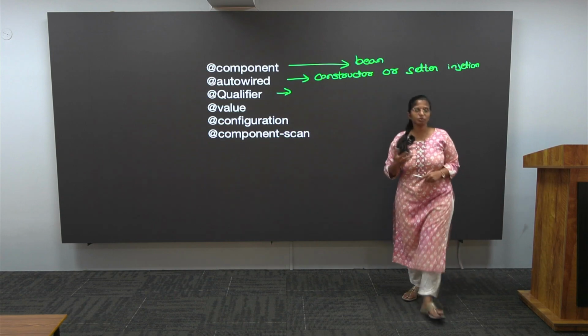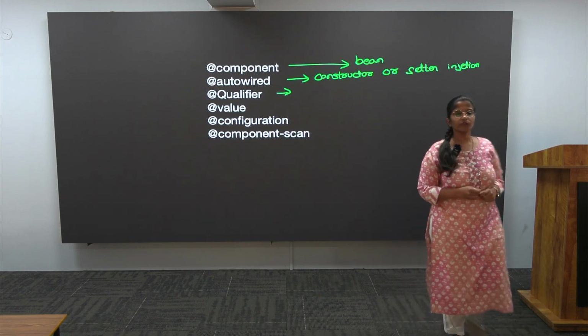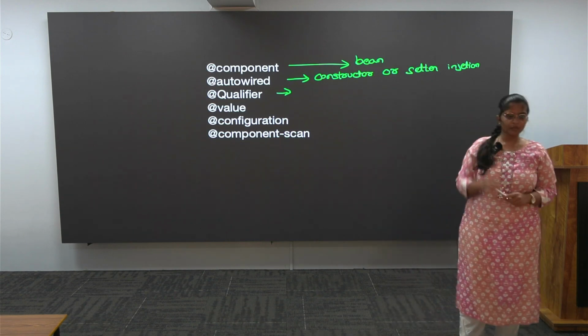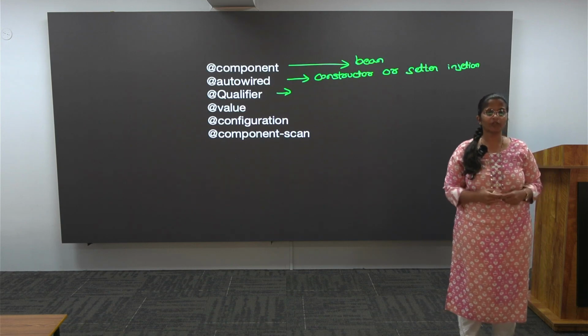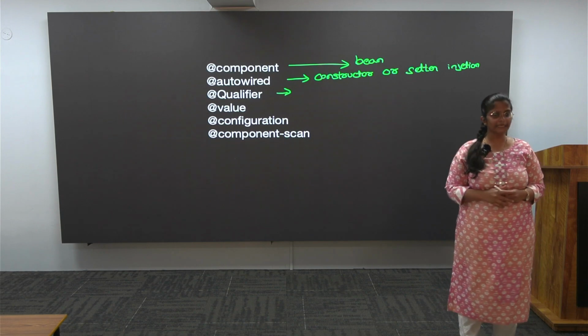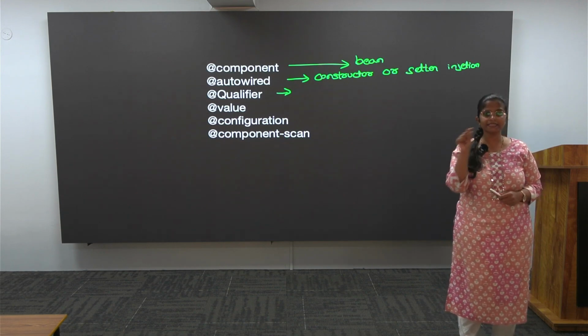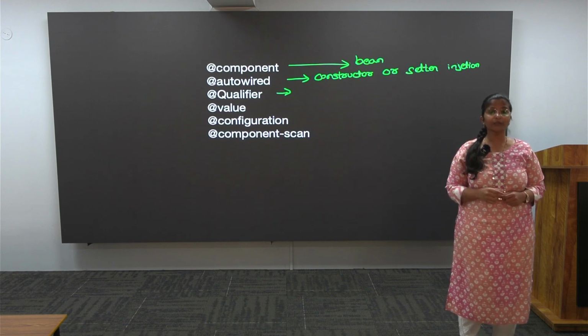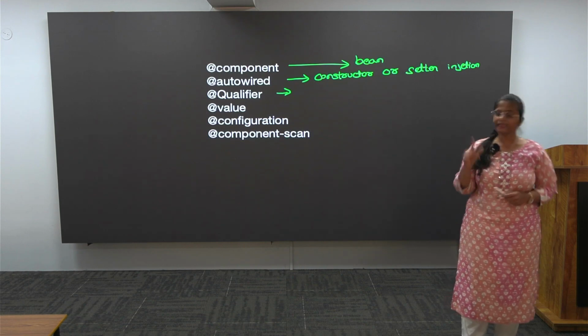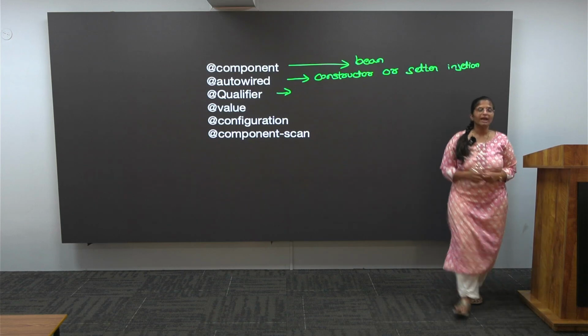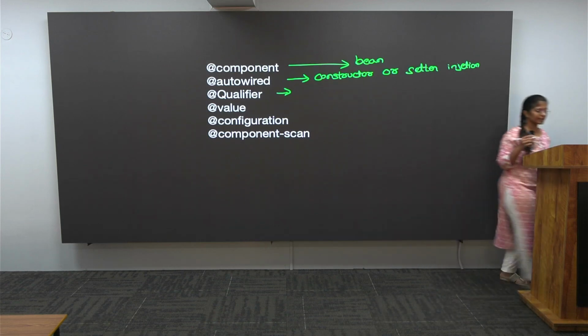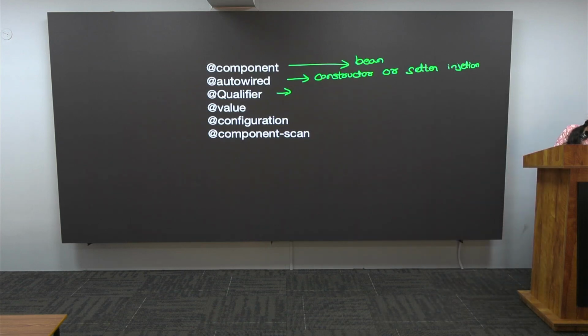Next, it is @Qualifier. What is the use of this? If you want to assign a value for a reference kind of, non-primitive data type, then you have to make use of @Qualifier. Like yesterday we wrote address, for which we want to assign a value, it is a non-primitive data type. In these cases you need to make use of @Qualifier, for such non-primitive data types for which you want to specify a value.